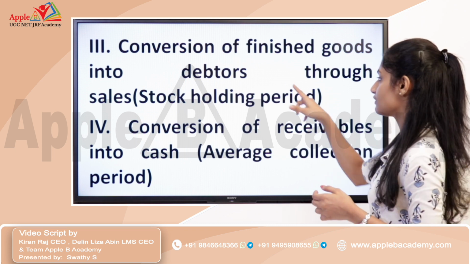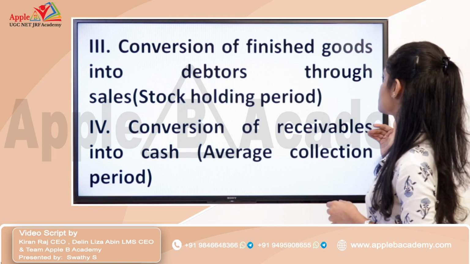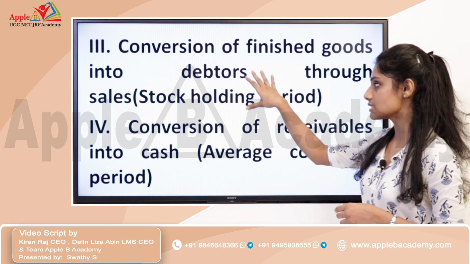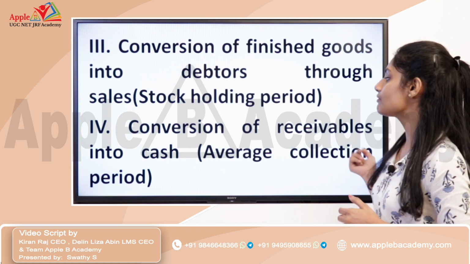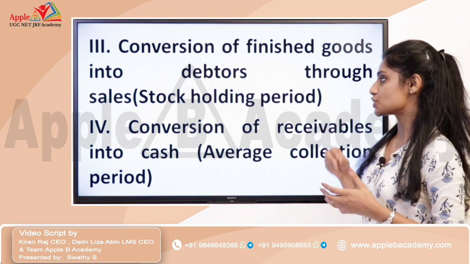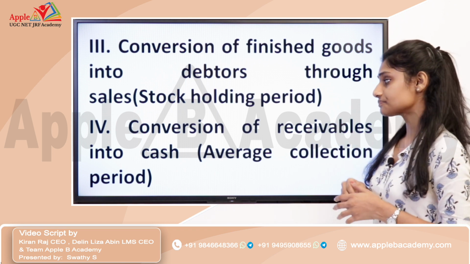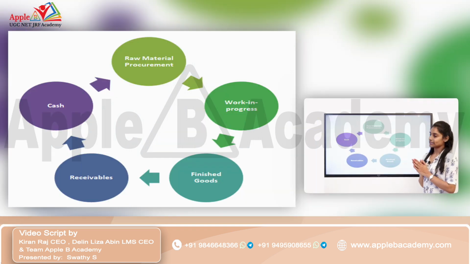If it is on credit, we will have debtors. So, the conversion of finished goods into debtors through sales, and then the conversion of receivables into cash. When we receive cash from these debtors, it is converted to cash again. So this is actually going like a cycle.